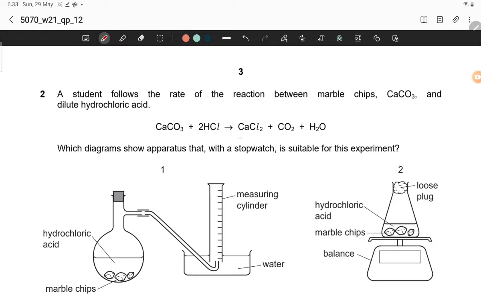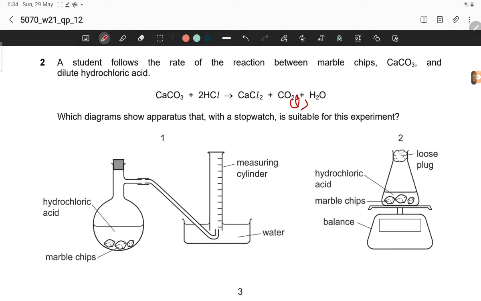For this experiment, carbon dioxide gas is evolved, which is collected in a measuring cylinder or by using a gas syringe, or calcium carbonate is used up in this reaction, which is measured with the balance.